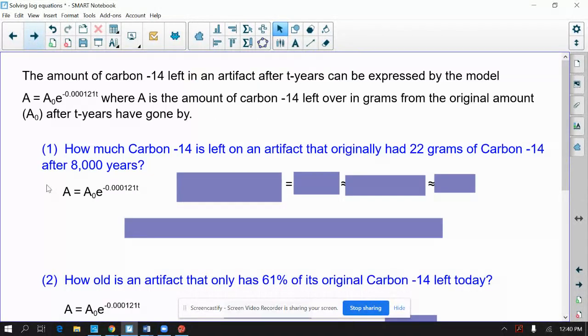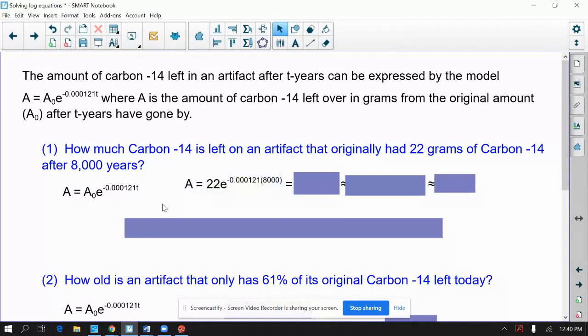Last one, carbon dating. So this model will tell us the amount of carbon-14 left over from the original amount based on time in years. So three questions and then we're done. How much carbon-14 is left on an artifact that originally had 22 grams after 8,000 years? A sub 0 is the initial amount.